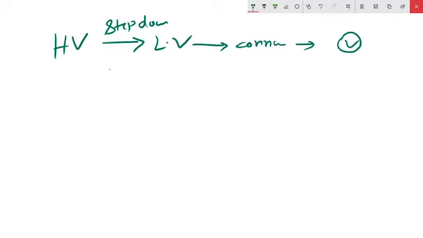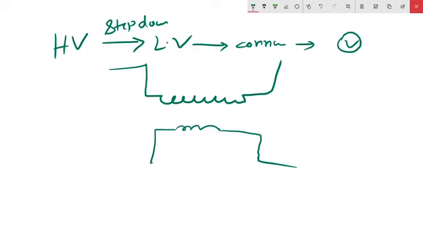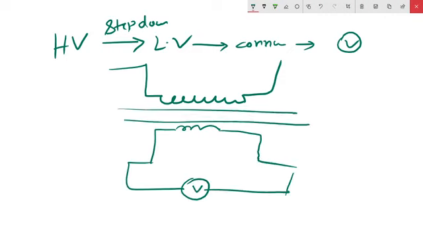Take an example: we have a primary winding like this and a secondary winding like this, with a voltmeter here, and this is the supply.